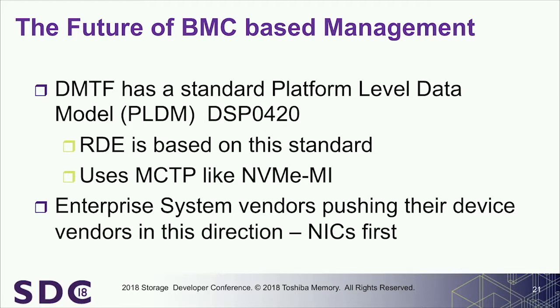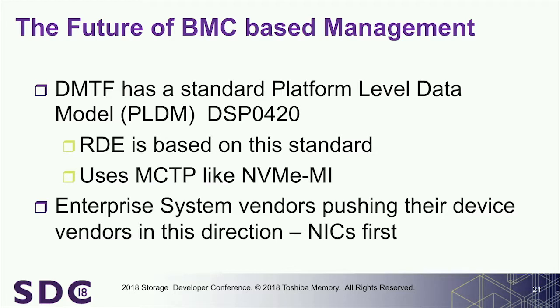And again, it uses MCTP, maybe a later version than MI does. But this is what enterprise system vendors are pushing their device vendors to implement in PLDM. But of course, that is not compatible with NVMe-MI.